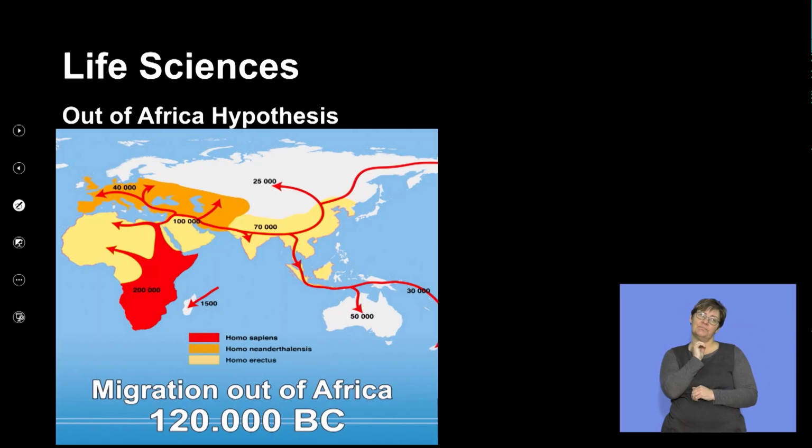Now, when we come to this hypothesis, right, I want to explain to you what this journey basically is. Now, when we look at why we wanted to move out of Africa, Africa at the time used to be quite nice and, right, dry.